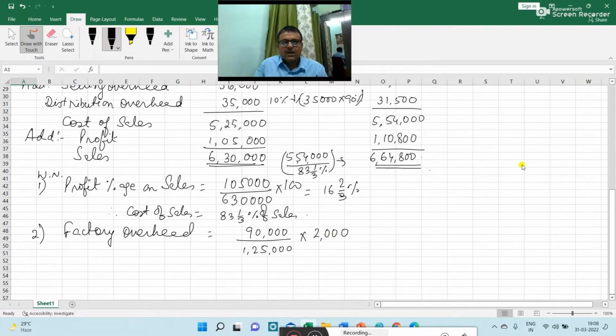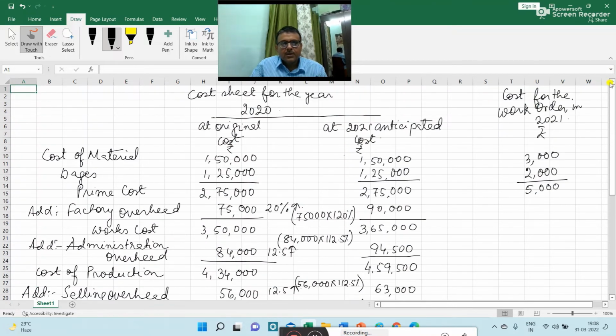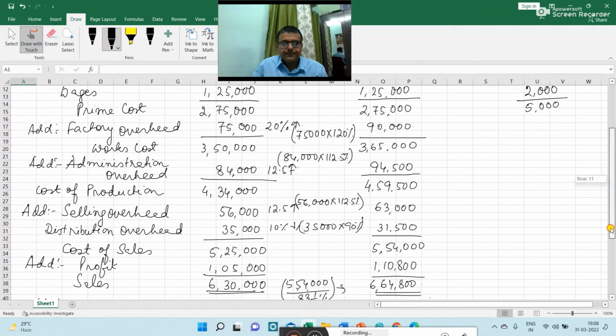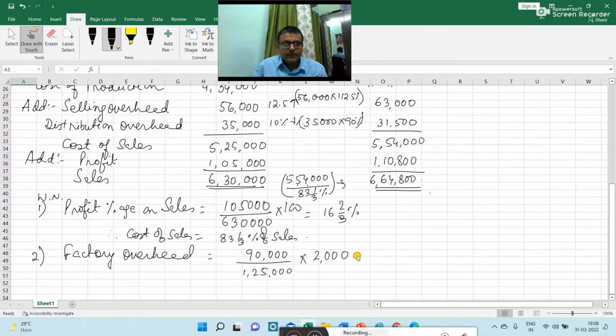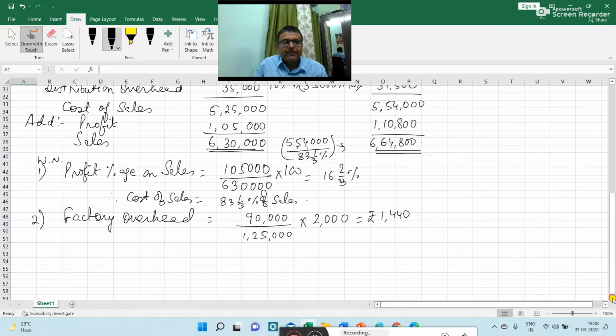So this 90,000 I have taken from here. See, 90,000 is the factory overhead at 2021 anticipated cost. And what is this 90,000 as a percentage of 1,25,000? That is the wages. So 90,000 divided by 1,25,000 into 2,000. 2,000 is the wages for the work order. So you will get this as rupees 1,440.